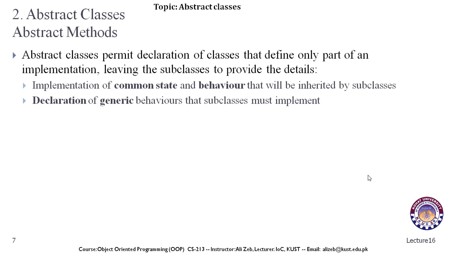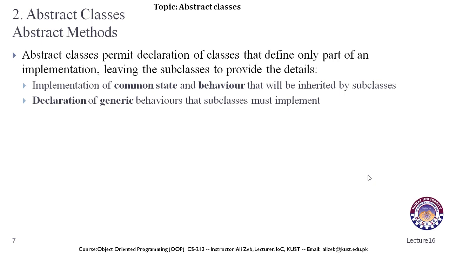Declaration of generic behaviors that the subclasses must implement. An abstract method shows us the common behavior that the subclasses must have, which will be implemented by those subclasses. So for example, in our example, all the subclasses needed to have a draw method, and if we want to ensure that or make it compulsory, we can declare those methods as abstract in the superclass.